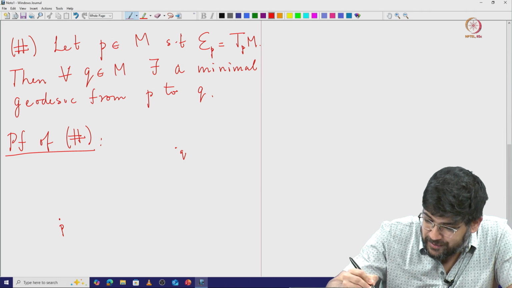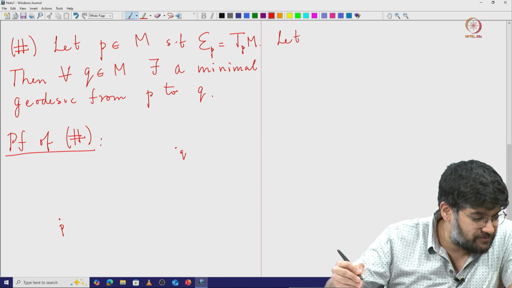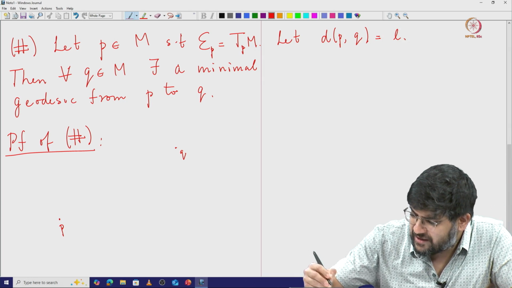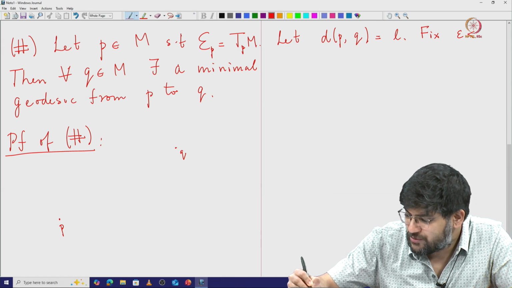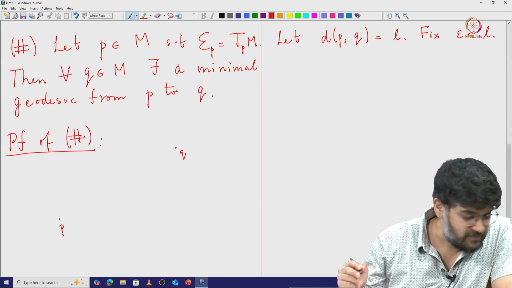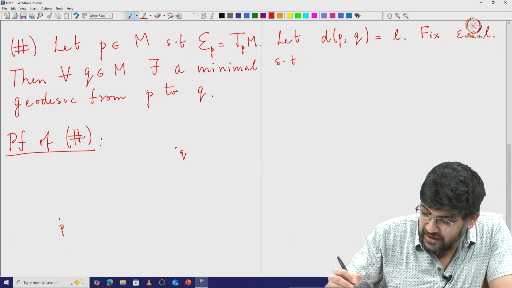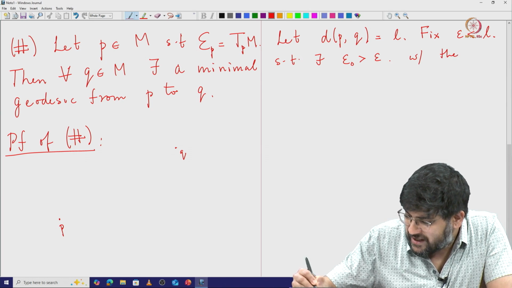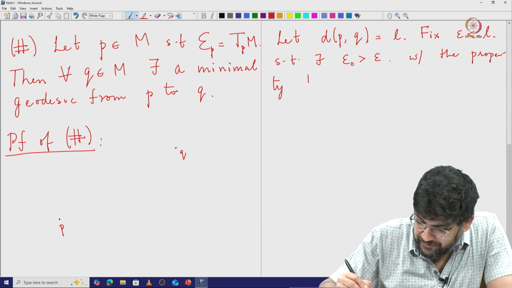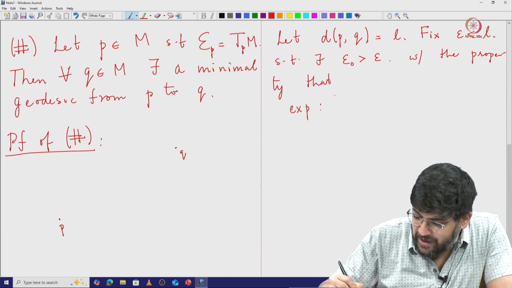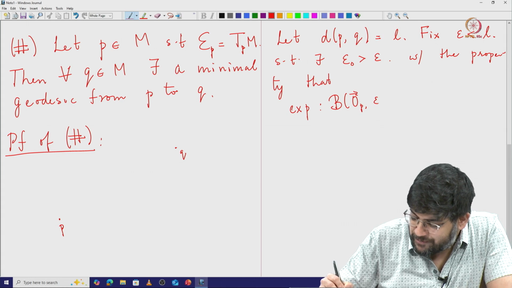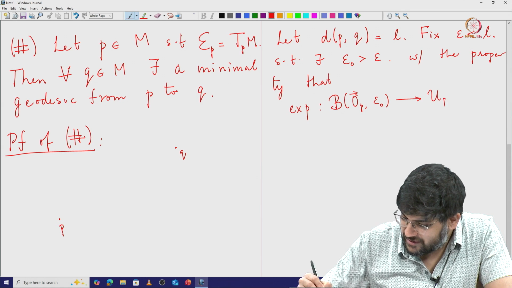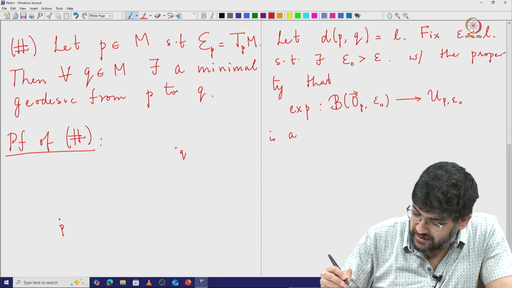Okay. So for that let us set down some notation. Let q be given, let the distance between p and q be L, and we fix an epsilon smaller than L, such that there exists some epsilon naught bigger than epsilon with the property that the exponential map from the ball of radius epsilon naught in the tangent space is a diffeomorphism.